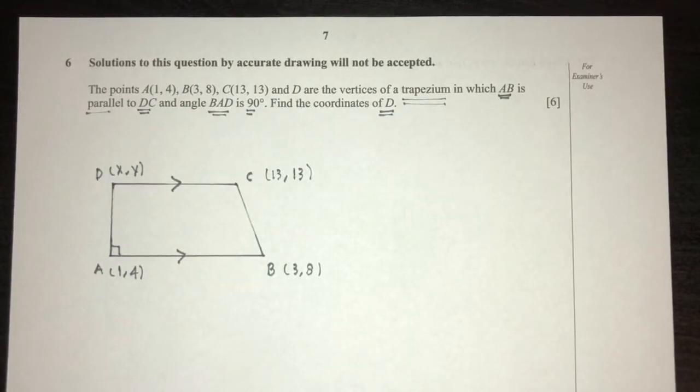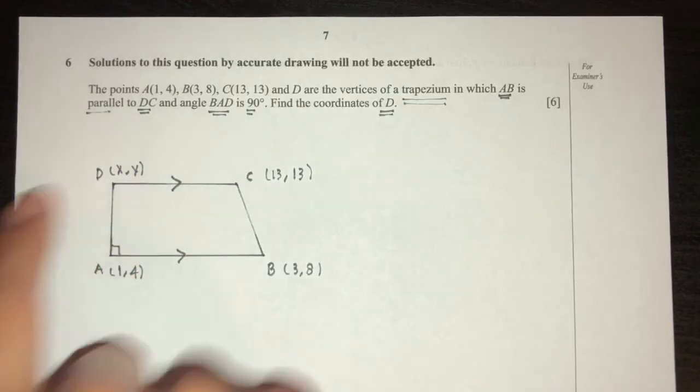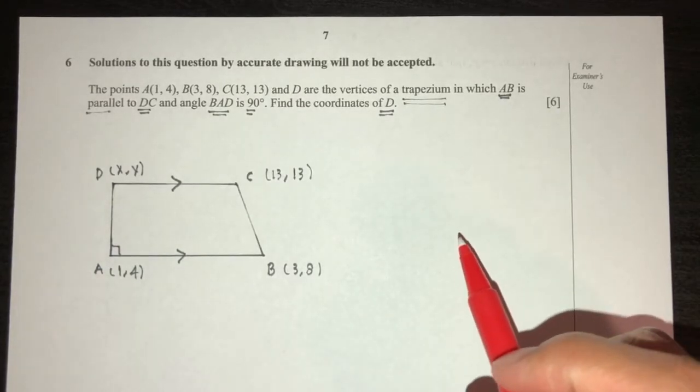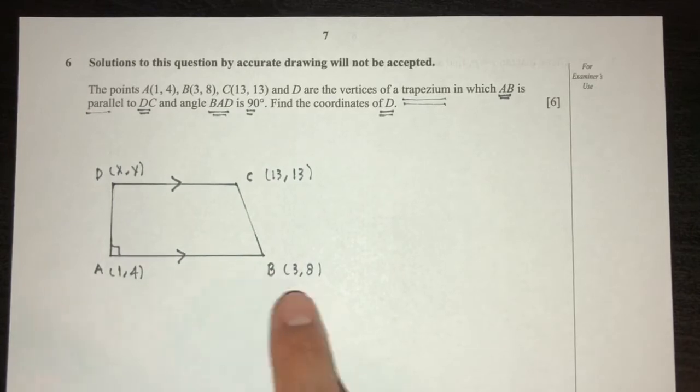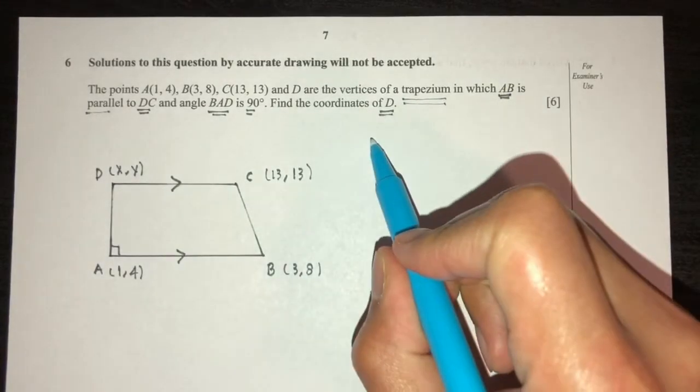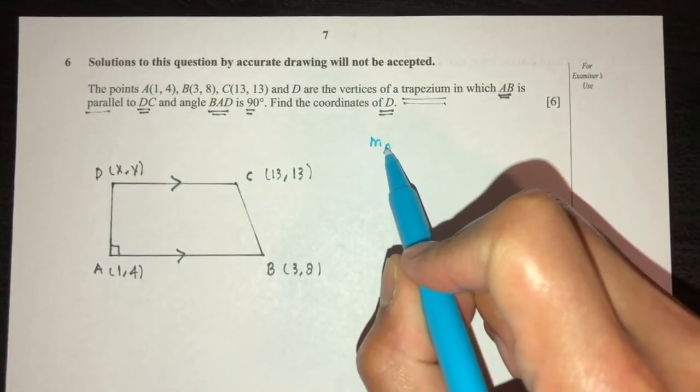One thing we can use here is the fact that they are perpendicular. So AB and AD are perpendicular to each other. What do you know? That the product of the gradients will be -1. We can try, we don't know what to do yet. So first, let's find the gradient of AB.